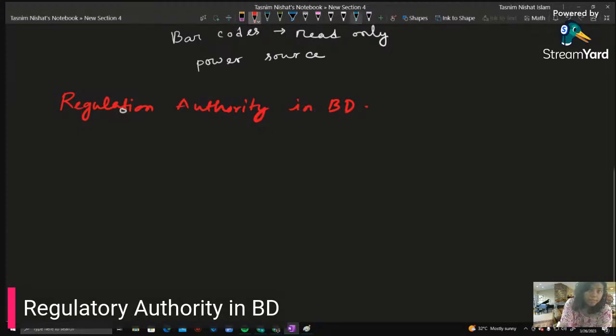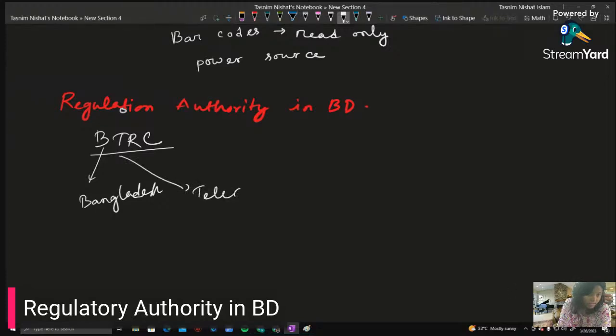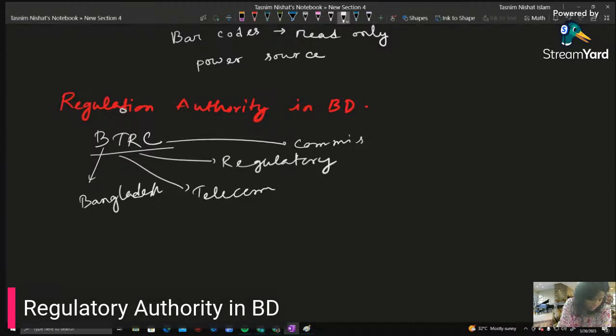Currently we have BTRC, which stands for Bangladesh Telecom Regulatory Commission, and previously it was known as BTTB, which is Bangladesh Telegraph and Telephone Board.